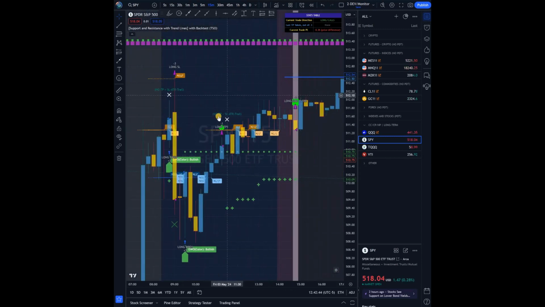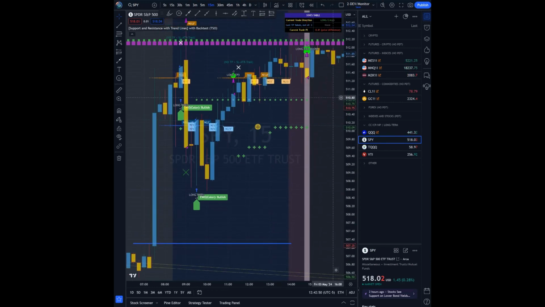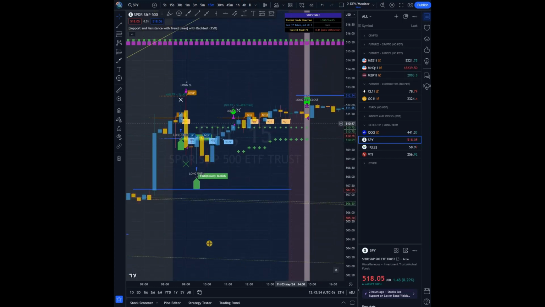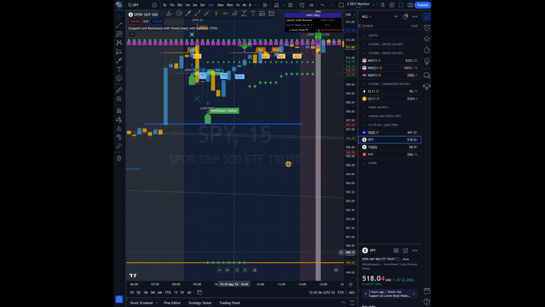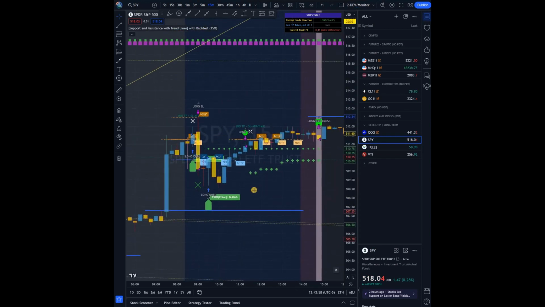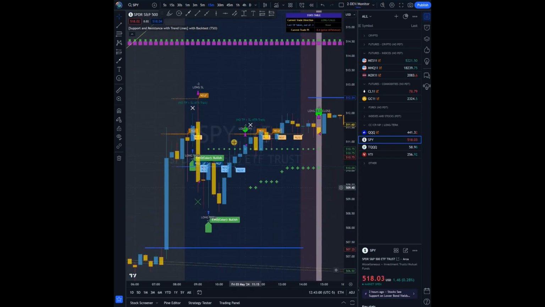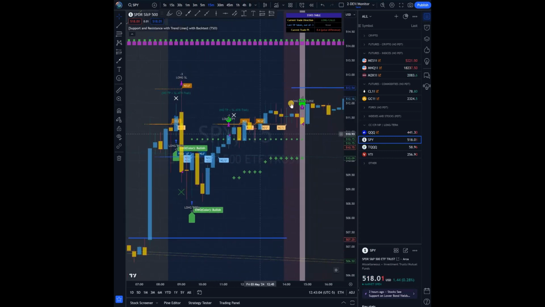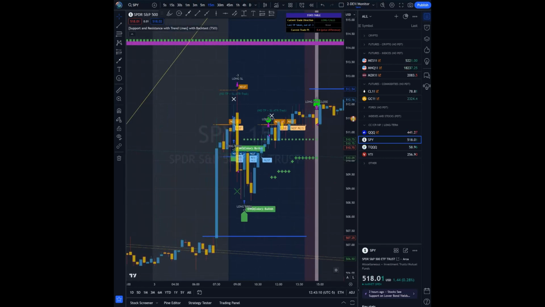If it does not find a level, it says no TP SL ATR trail. That means it switches stop loss from support to ATR trail, because there is no take profit level, so you don't know how far it will go, so you're just gonna use ATR trail stop loss.